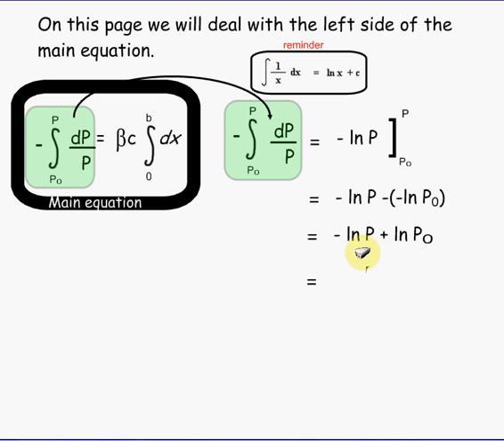Now, when we have a negative natural log of p, that's the same thing as the natural log of 1 over p. So we can put our p in the denominator, and we are left with the natural log of p naught over p as the solution to the left side of our equation.